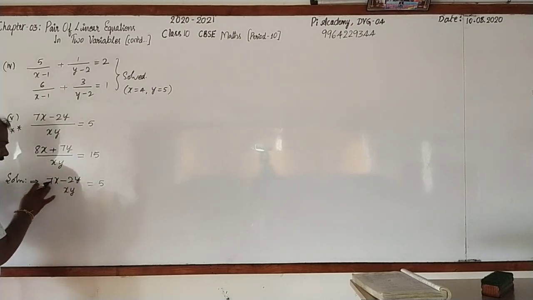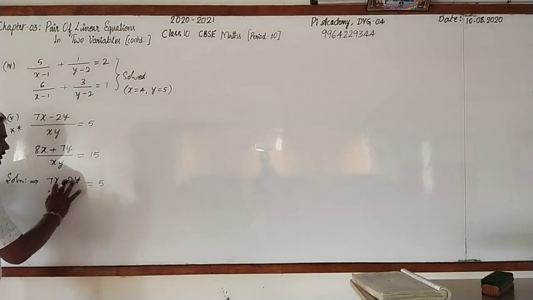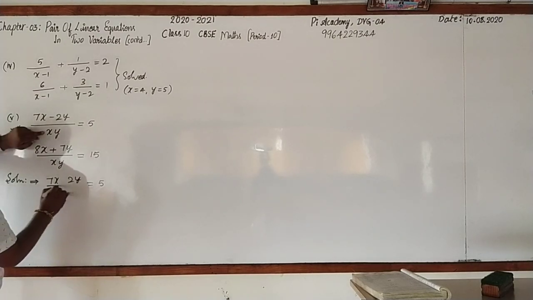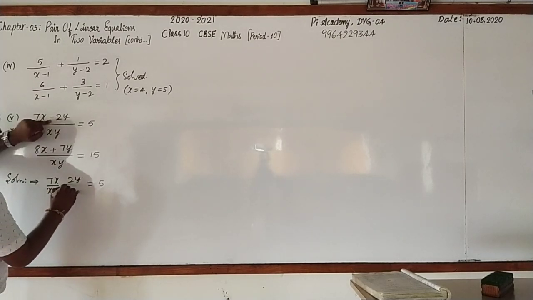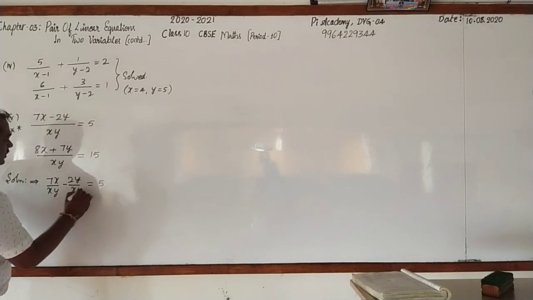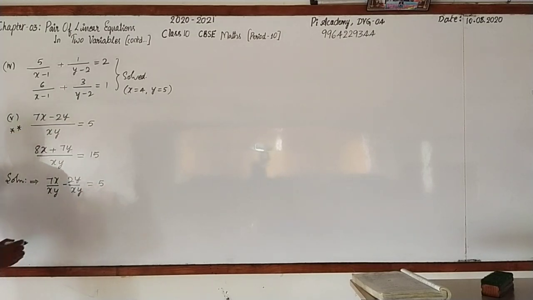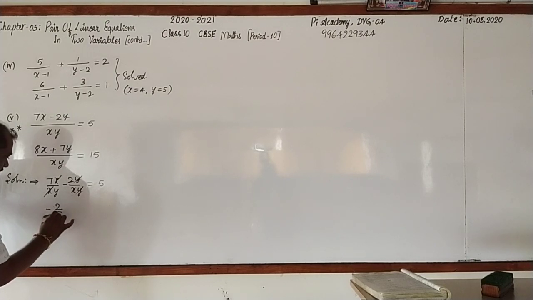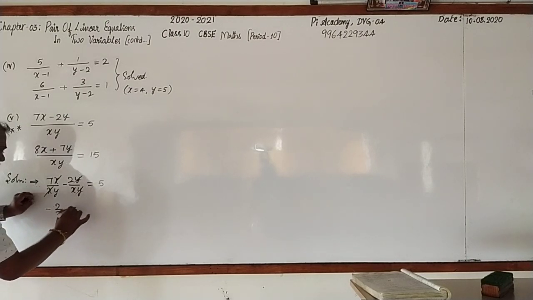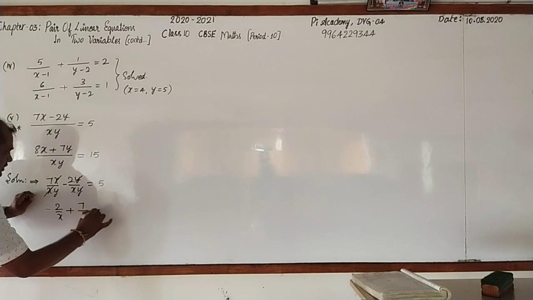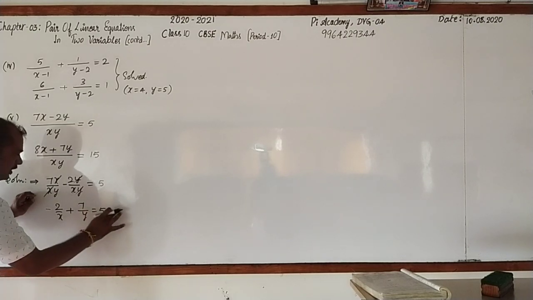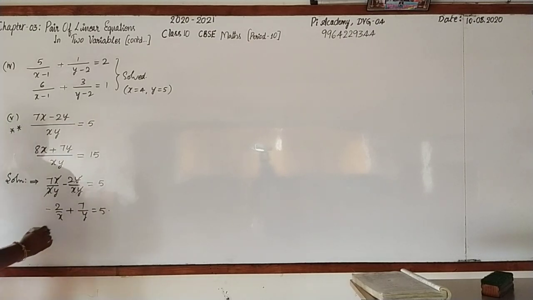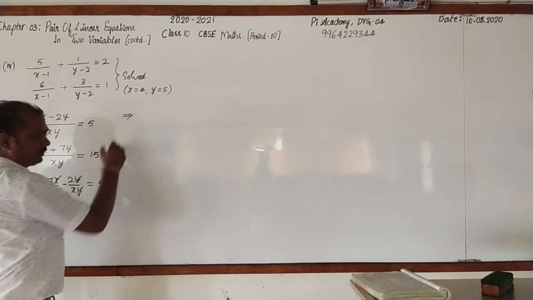Hence, I go for dividing each of these terms by xy: 7x by xy minus 2y by xy is equal to 5. You may cancel x and x and y and y. You can rewrite this equation as minus 2 by x plus 7 by y. This is equal to 5. Clear? Yes.